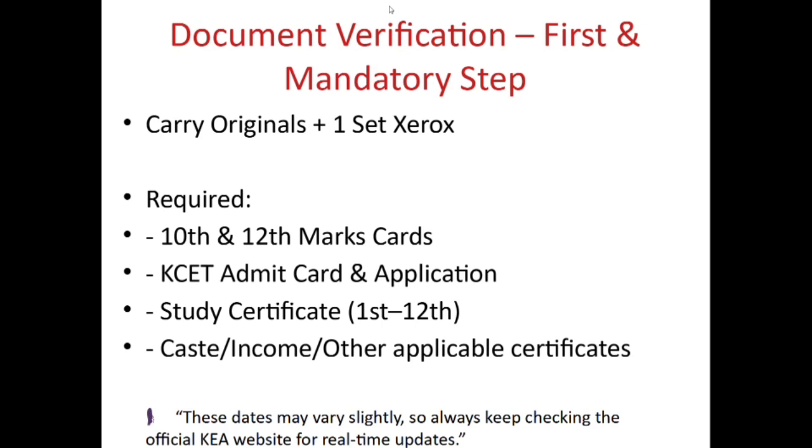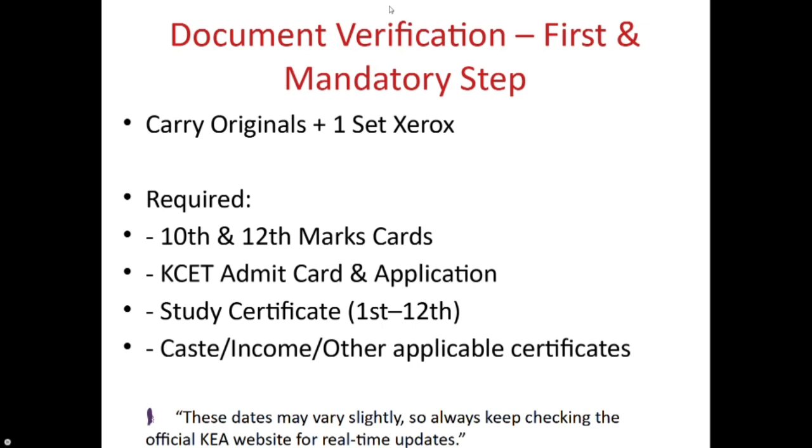Documents to carry, original plus photocopy: KCET 2025 admit card, KCET application form printout, SSLC 10th marks card, second PUC 12th marks card, study certificate 1 to 12th, caste and income certificate if applicable, rural, Kannada medium, defense, NCC, sports certificates if applicable, and passport size photos. After verification, KEA will give you an acknowledgement and access to the option entry portal.